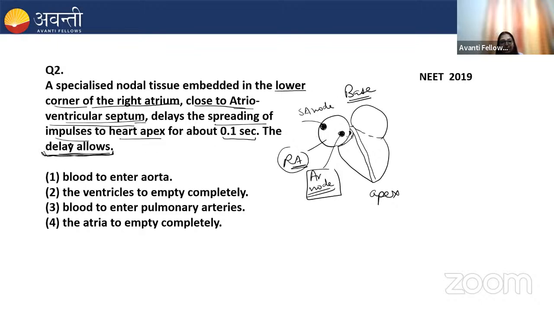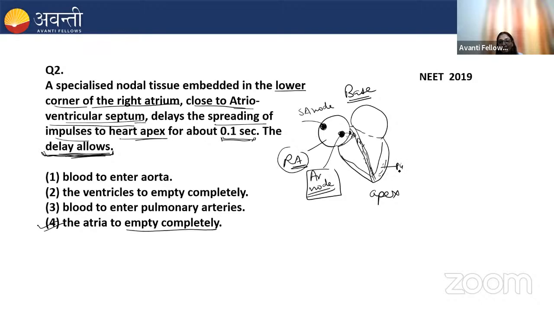The spreading of impulse to the heart apex is delayed for about 0.1 second. The delay allows the atrium to empty completely. Here this process is delayed, the spreading of impulse to the heart apex, because the AV node transfers the impulse to the AV bundle, which is present in the interventricular septum, and it will give the impulse to the Purkinje fibers.